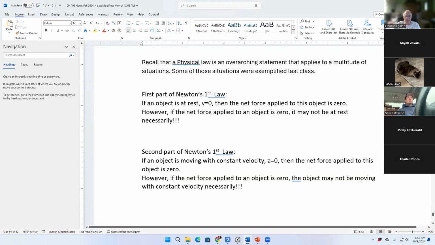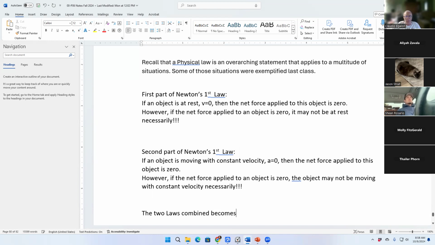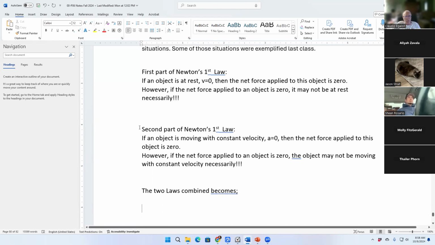That's what you have to memorize. And when we combine those two laws, the two laws combined become Newton's first law.